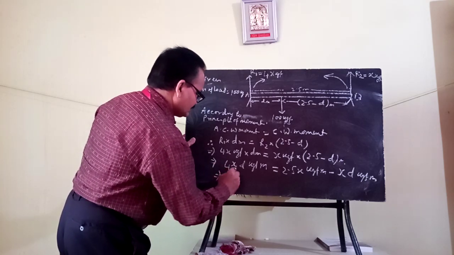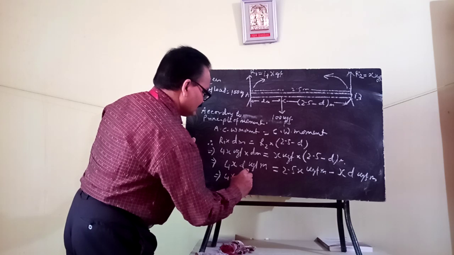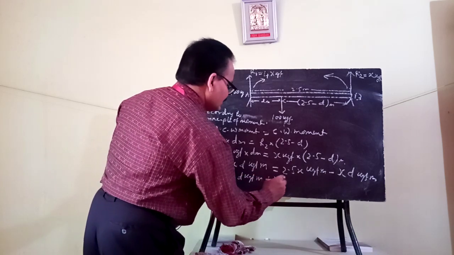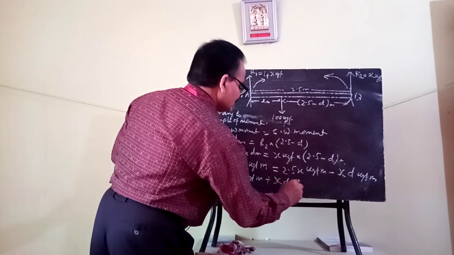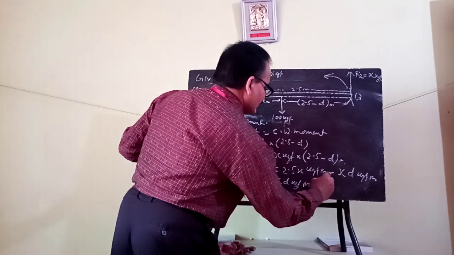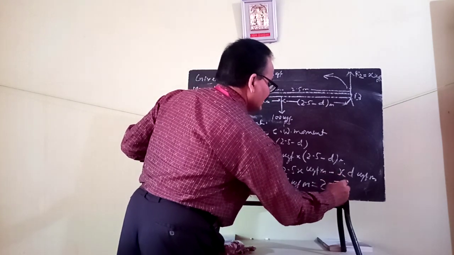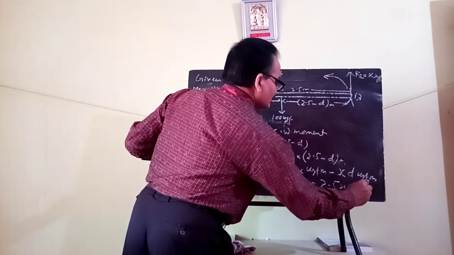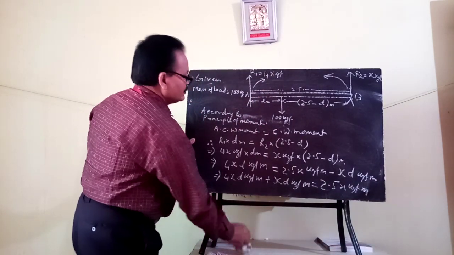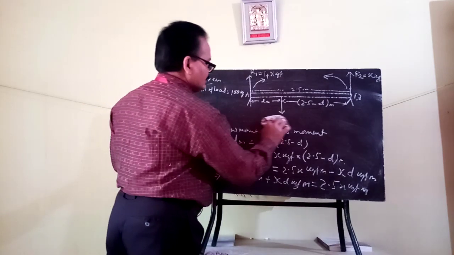So 4xd kgf meter plus xd kgf meter equals 2.5x kgf meter. Clear?